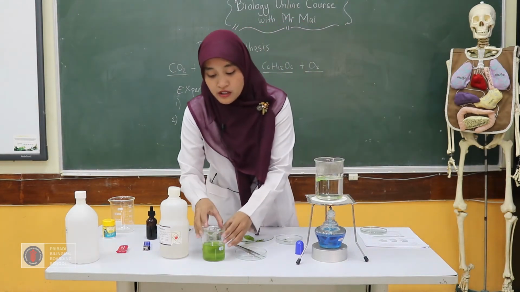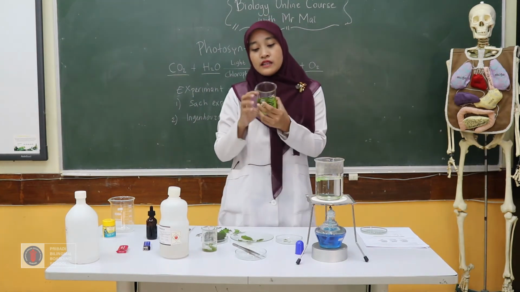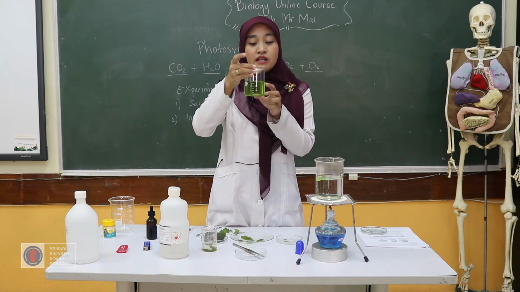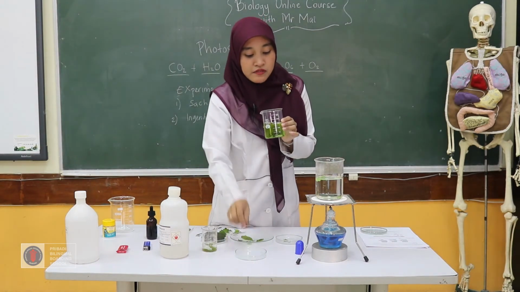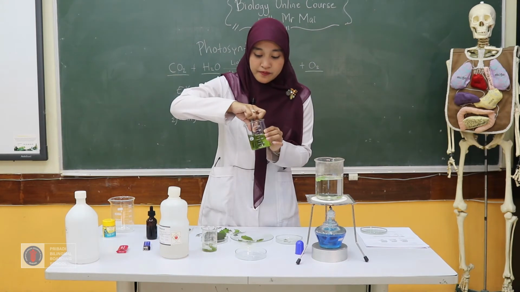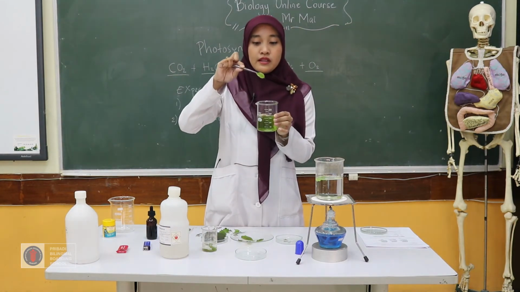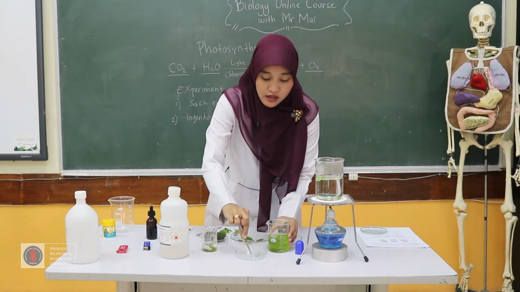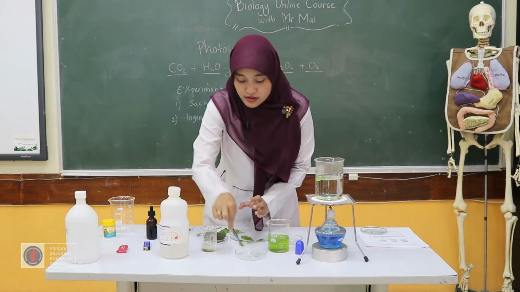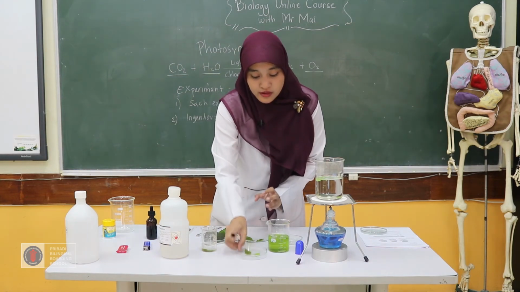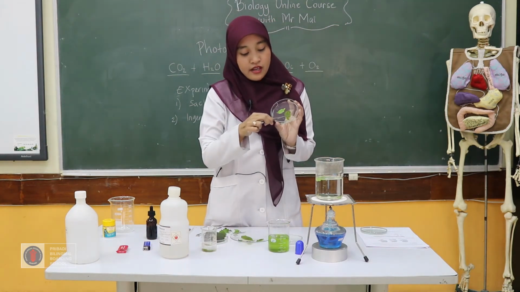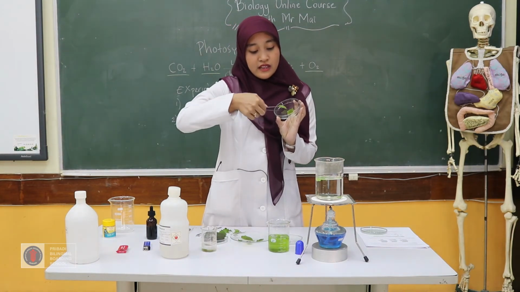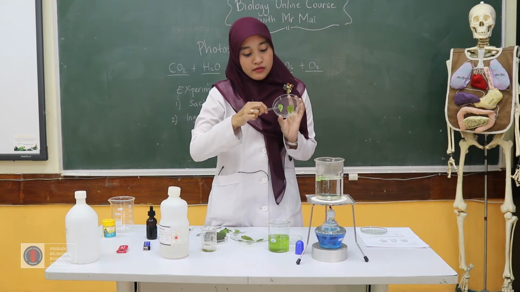Why will the leaf become white? The alcohol will turn green, and the leaves become white. Look at that, this is white. We can compare with the previous leaf like this one. The previous leaf had a green color, but after we soak it in the alcohol, it becomes lighter.